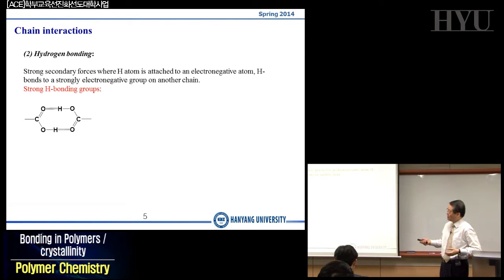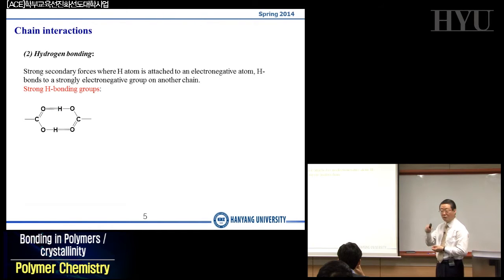And this case is the carboxylic acid. If you have two carboxylic acids, the oxygen has two unshared electron pairs, so it's rich in electrons, whereas the neighboring hydrogen bonds through this hydrogen bonding.